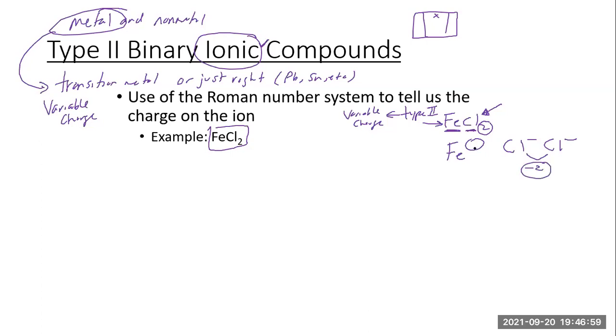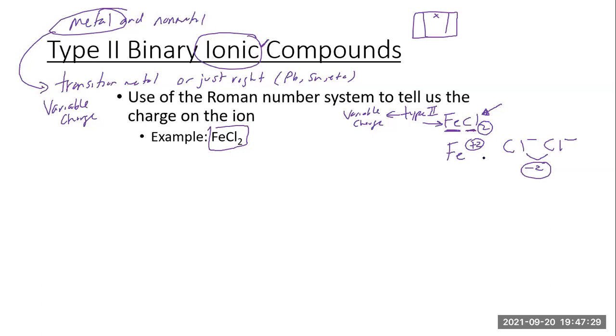So in order to balance out that formula to 0, the iron in this case will have a +2 charge to balance it out. So the good news is when you're dealing with these type 2 compounds, although you may not right off the bat know what the charge is on the metal, you definitely will know what the charge is on what it is bound to. And you can basically work your way backwards and be able to figure out the charge.